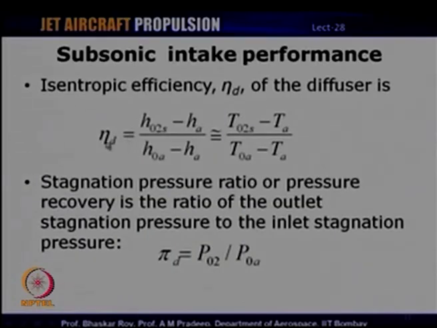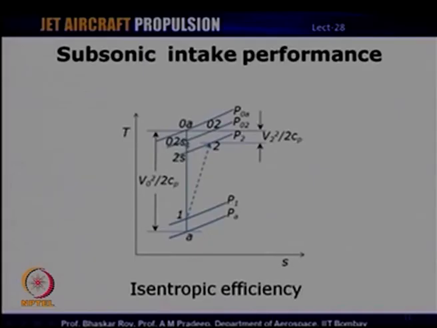The efficiency of a diffuser is defined as H02S minus HA divided by H0A minus HA. H02S corresponds to this point on P02, which is the actual stagnation pressure, and H0A corresponds to the ideal stagnation enthalpy, which falls on the ideal stagnation pressure line.